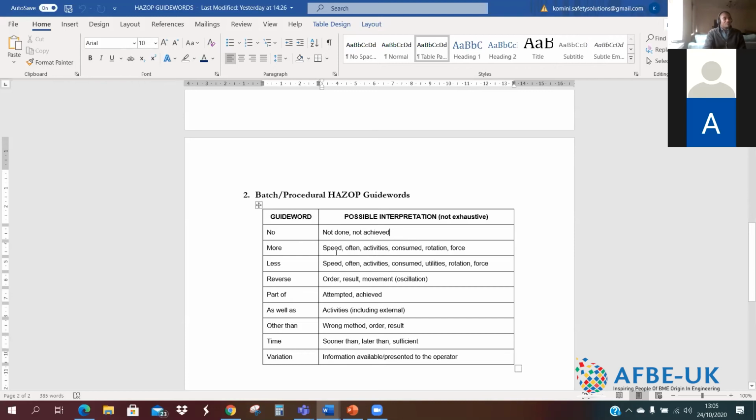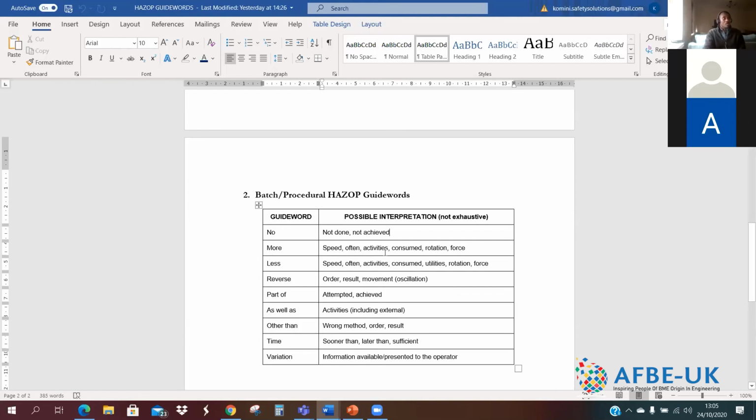More in terms of more speed, more often. If you are flushing a pipeline, for example, how often are you feeding in the flushing fluid or flushing chemical? You're using methanol, say glycol, flushing a pipeline.